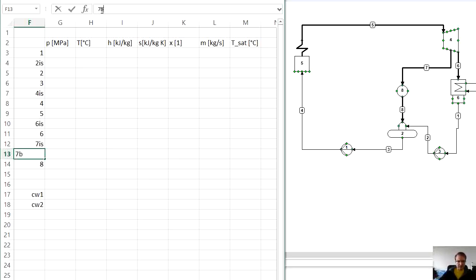So I will add BL to make clear which point it is. And after the pressure drop, point number 8, in some further more complicated cycles, we will call it point with number 1 lower, but with the notation FWH as feedwater heater. And here we have the cooling water 1 and cooling water 2.